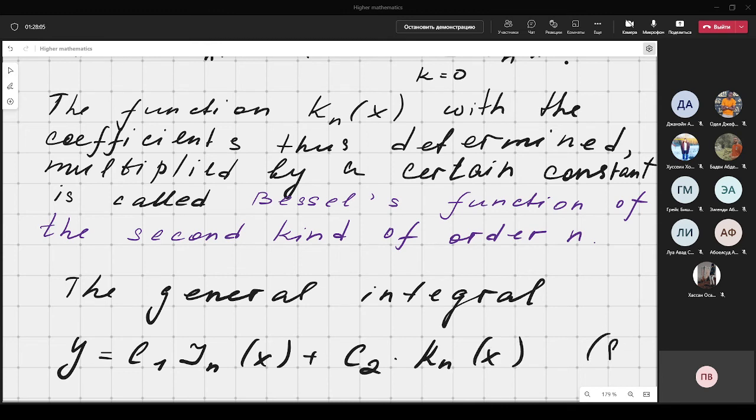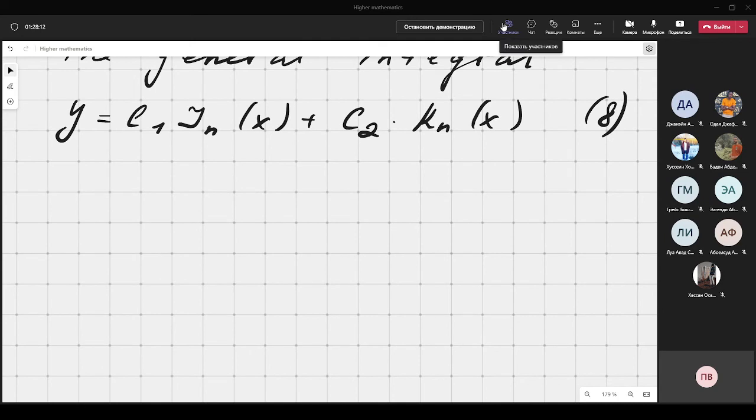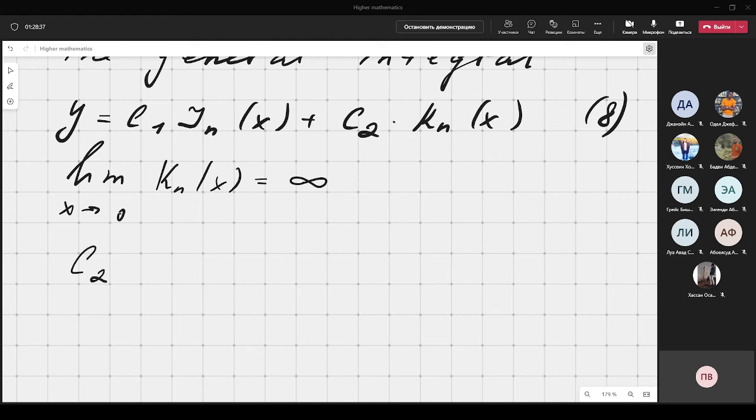It is number 8. We note that the limit as x approaches 0 of K_n of x equals infinity. Hence, if we want to consider the finite solution for x equals 0, then we must put c second equals 0 in formula 8.